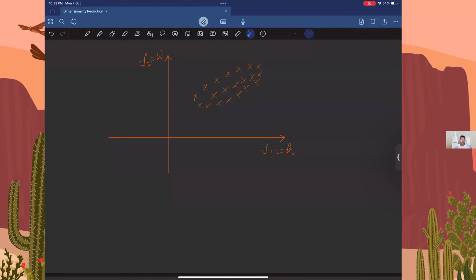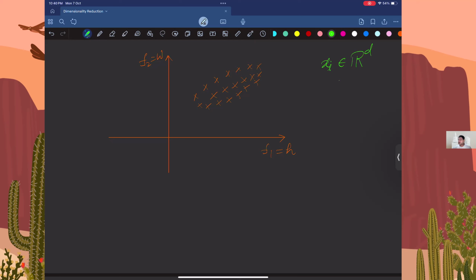I'm using 2 dimensions just for simplicity of understanding, because whatever is true in 2 dimensions will be true in n dimensions, so we will extrapolate the result to n dimensions. Let's assume these are the heights and these are the weights of students. Each of my xi belongs to R^d. We all know.